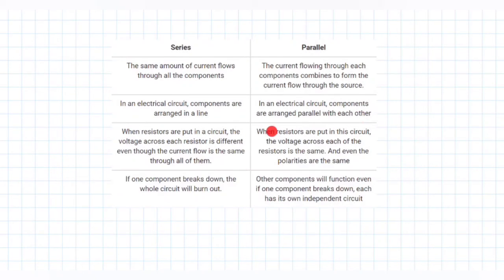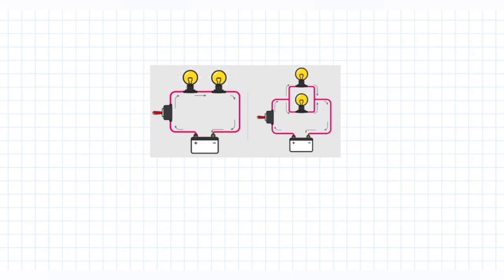When resistors are put in this circuit, the voltage across each of the resistors is the same and even the polarities are the same. So in the parallel circuit, other components will function even if one component breaks down. Each has its own independent path that we have learned earlier. If this bulb is not working, then this bulb will work since the current will flow in this circuit.